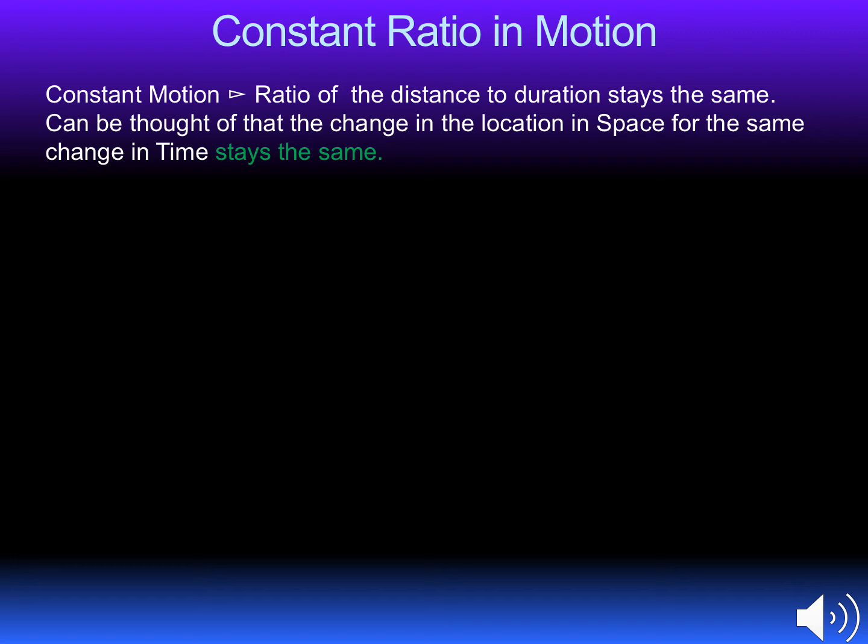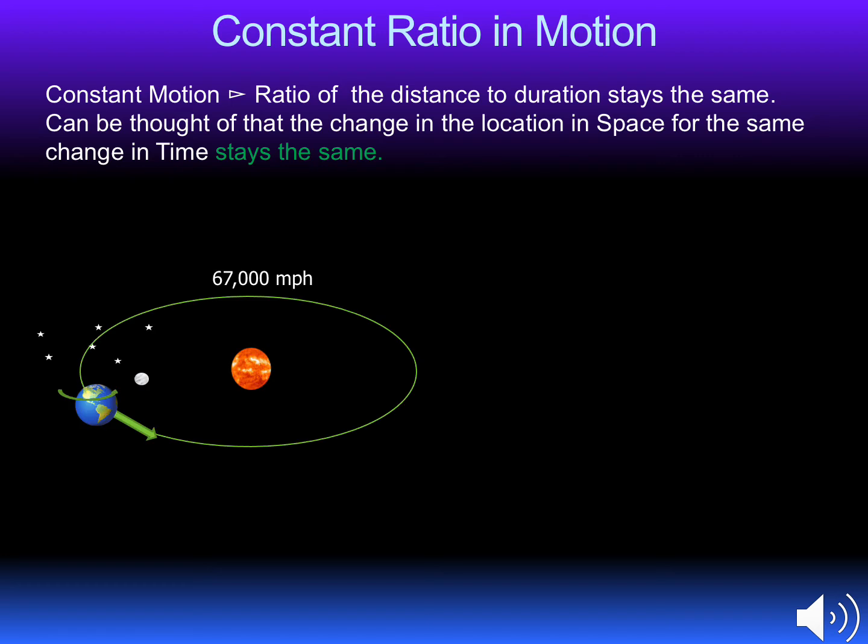So a constant ratio in motion. The constant ratio, that's the ratio of the distance to duration, stays the same. This can be thought of as the change in location in space for the same change in time always staying the same. So the first example would be the Earth rotating around its axis. Clearly, our day doesn't change very much.